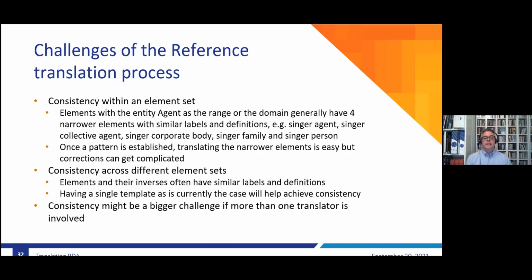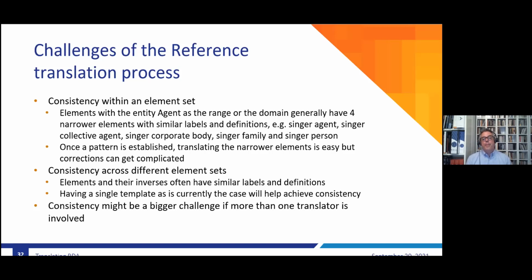So once a pattern was established, translating the narrower elements within the same element set was easy, but we found that when a label or definition needed to be revised, we had to be careful when making corrections to ensure that the translation remained consistent. And consistency between sets of elements was also a challenge because elements have inverses that often use similar terms in the labels and definitions.